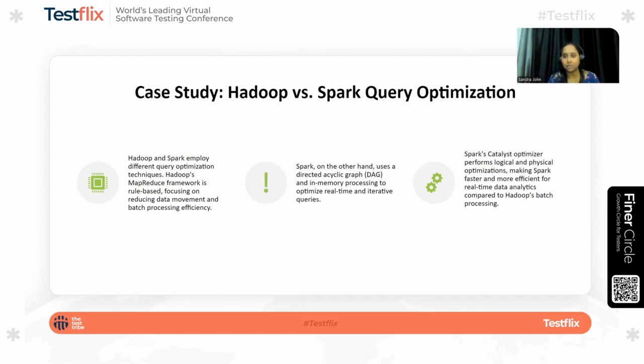Spark's Catalyst Optimizer performs logical and physical optimization, making Spark faster and more efficient for real-time data and analysis compared to Hadoop's batch processing. So if you're already using Hadoop systems, maybe you might want to do some POCs and consider whether moving your big data processing from Hadoop to Spark would provide any efficiency or added advantages.